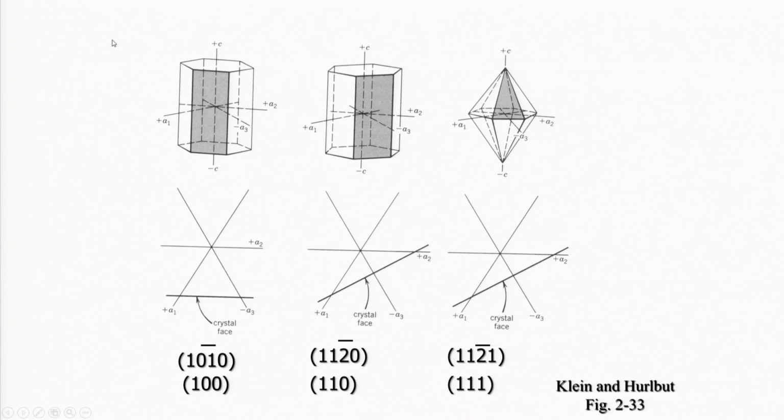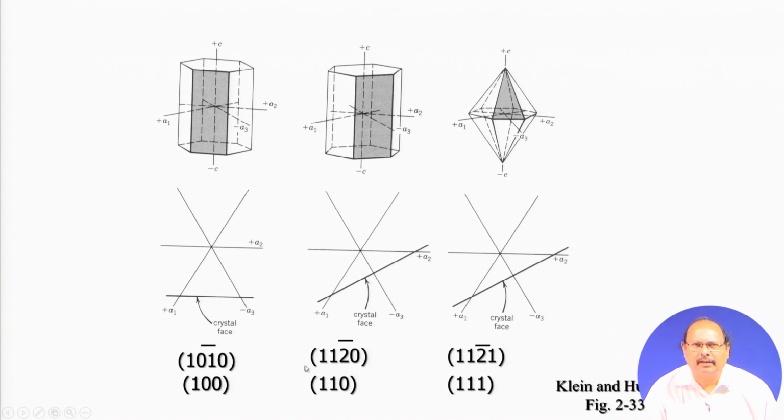This is what we just learned: H plus K plus I will be 0 here. Let us consider this face here. This face has intersected the A1 direction, the A2 direction, and the negative direction of A3, something like this. So, if you consider the intercepts and convert them into the Miller index symbol, this will be 1, 1, bar 2, 0.